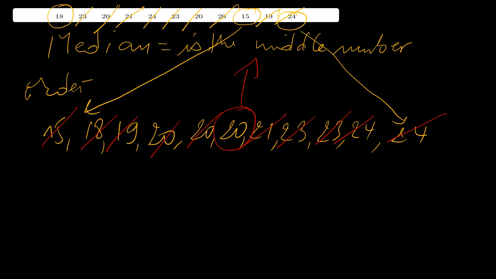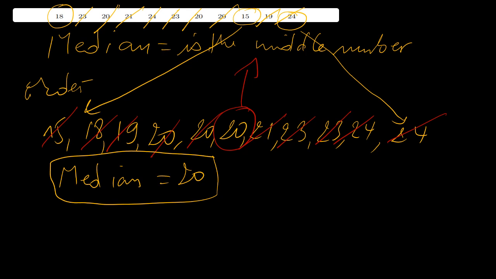So our median here is equal to 20, which is the middle of this data set. In this case n is equal to 11, and 11, as we know, is an odd number.